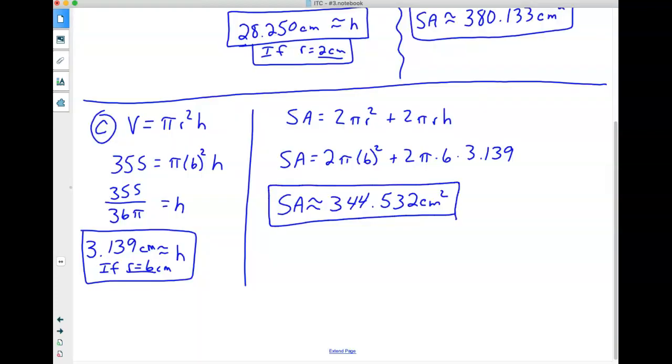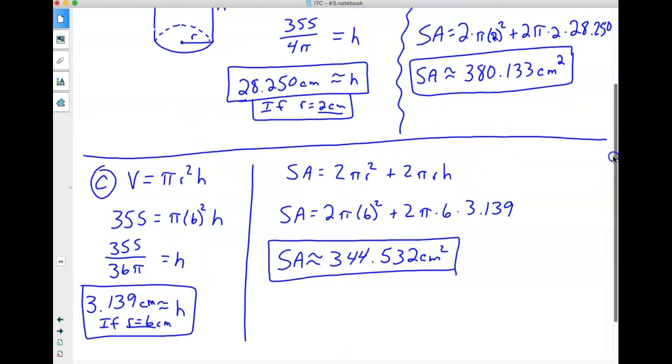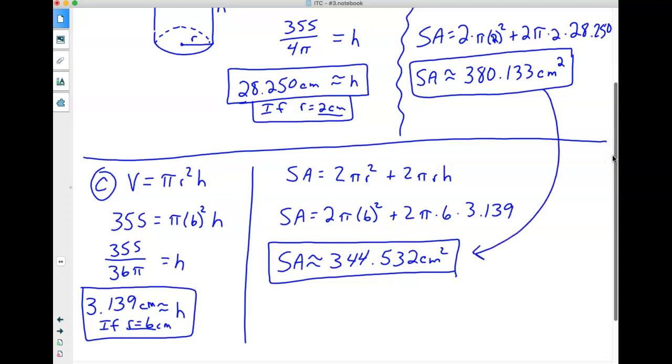Okay? Obviously, you can see as the radius changes, the height changes, which changes the surface area of the can. No big shocker.